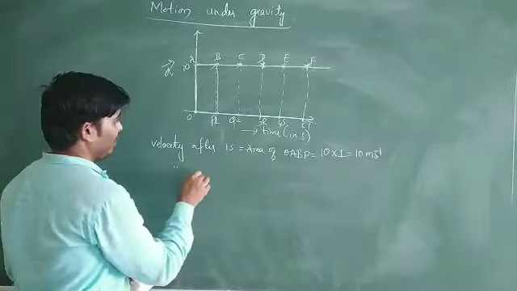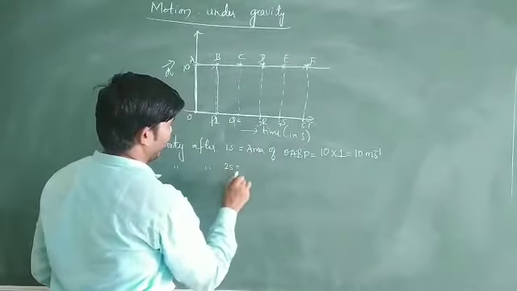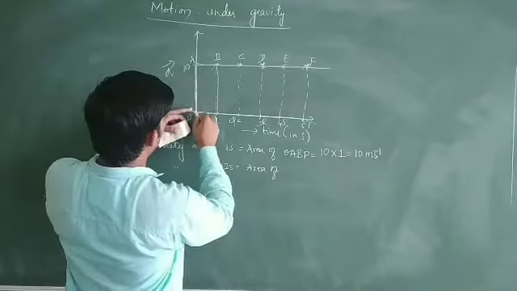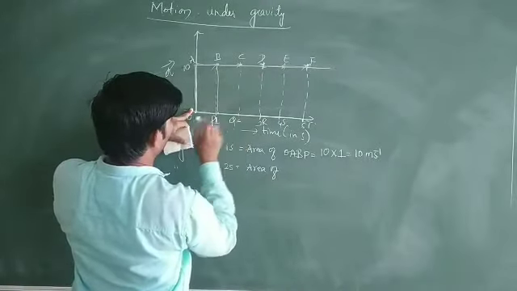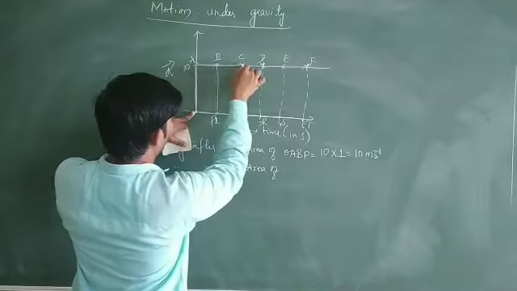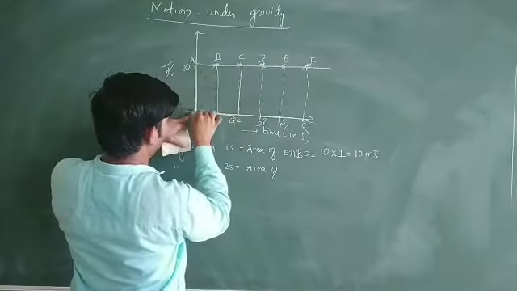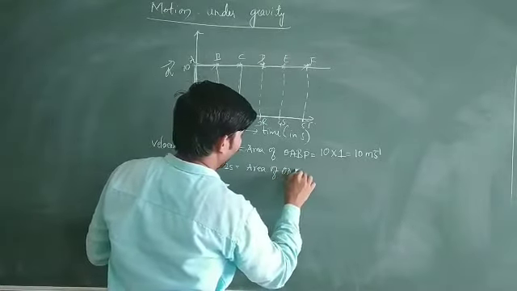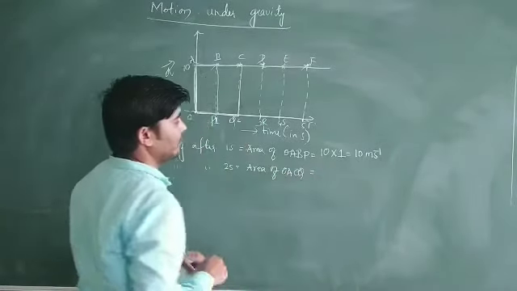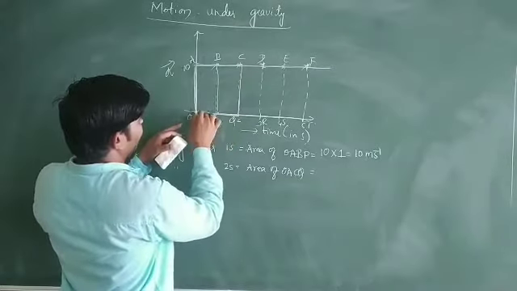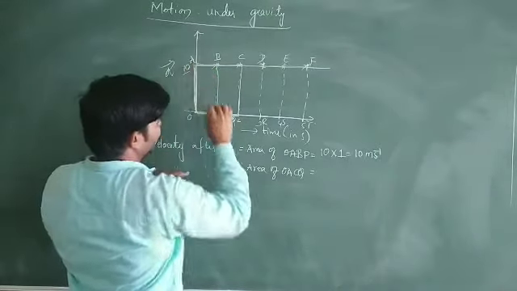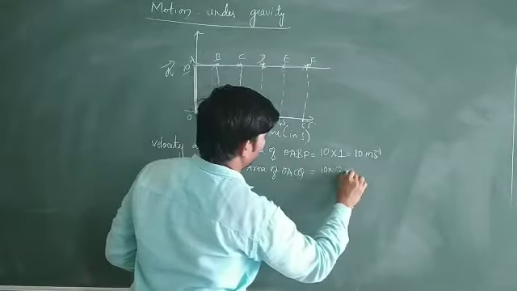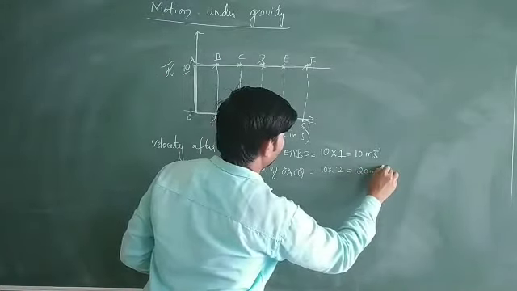Next, velocity after 2 seconds. That is the area of OACQ. What is the length? That is 10, into 2 seconds. We get 20 meter per second.